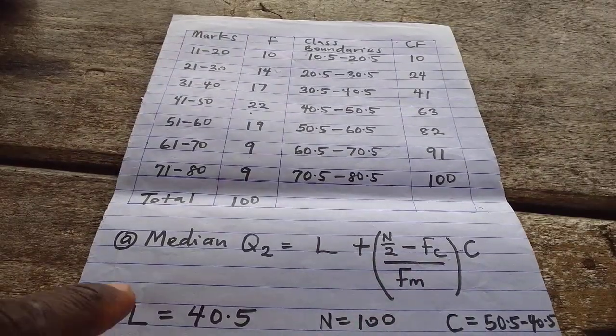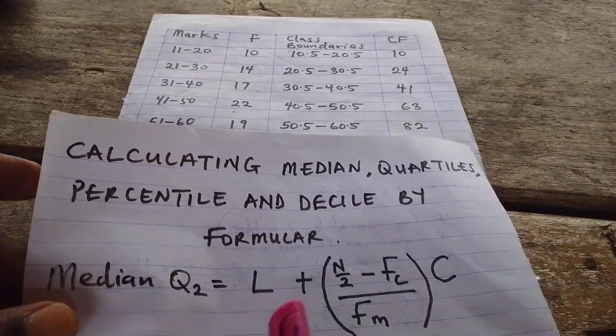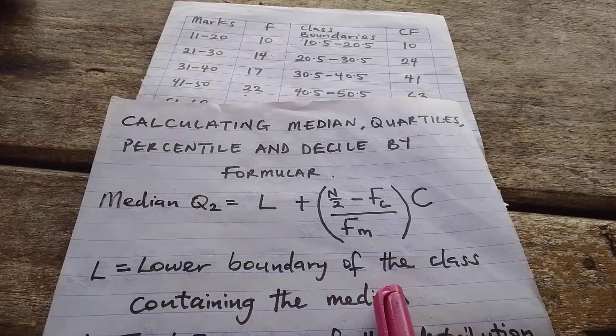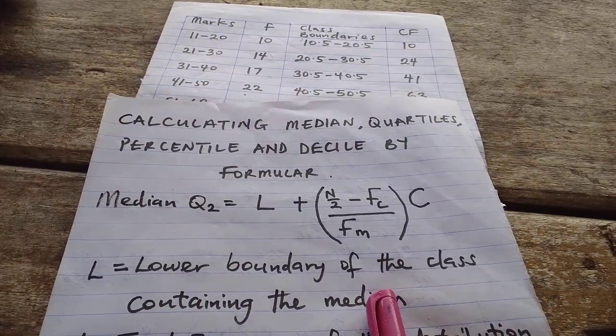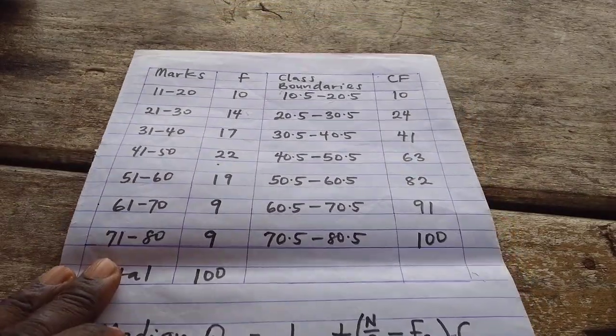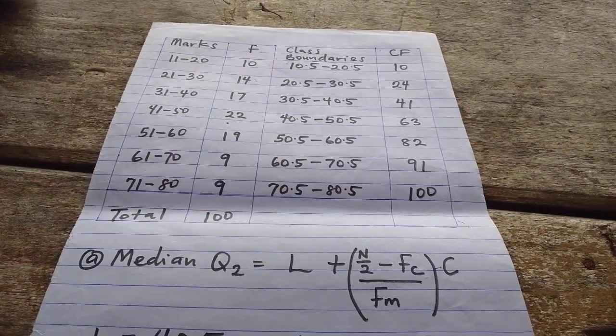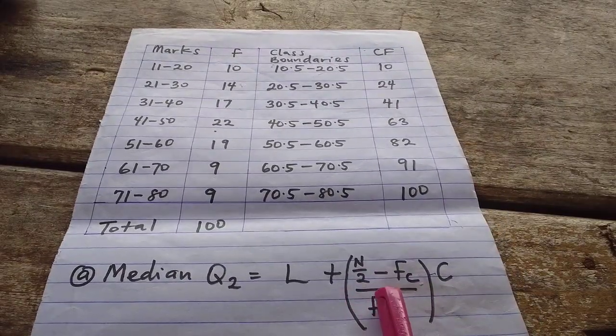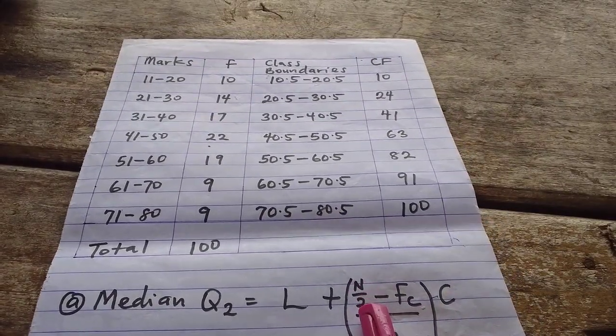L, from the formula I gave you earlier, I said the L is what? The lower boundary of the class containing the median. So how are we going to know the class containing the median? What you do is this. So now this N over 2.